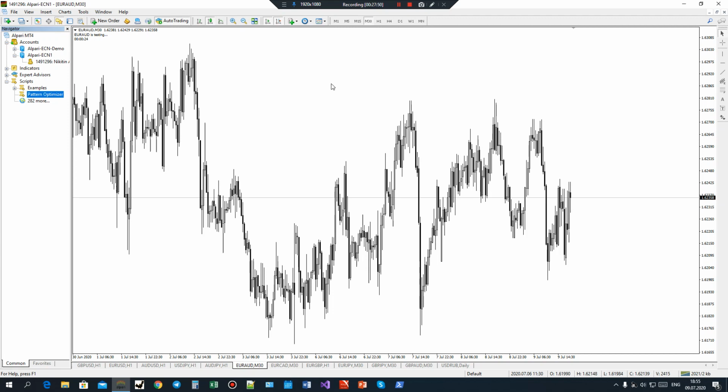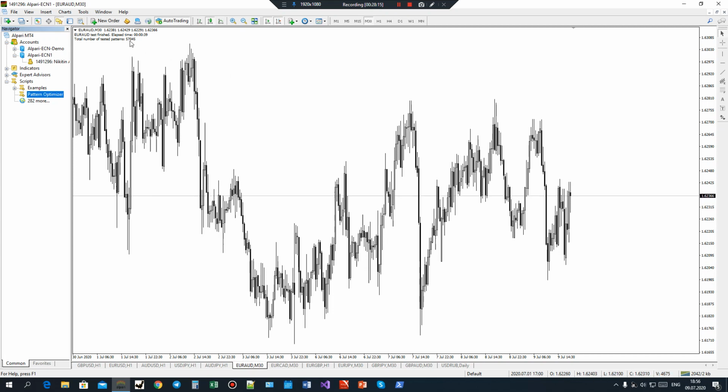I don't remember for EURAUD or C. What it will do is create a special file where all the best patterns will be recorded, not many, because not all patterns go through that filter of being break-even and having an accuracy greater than 50%.